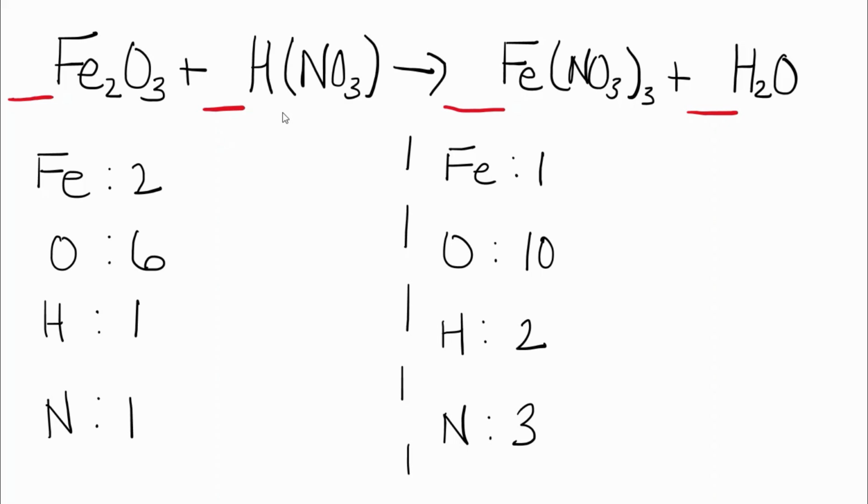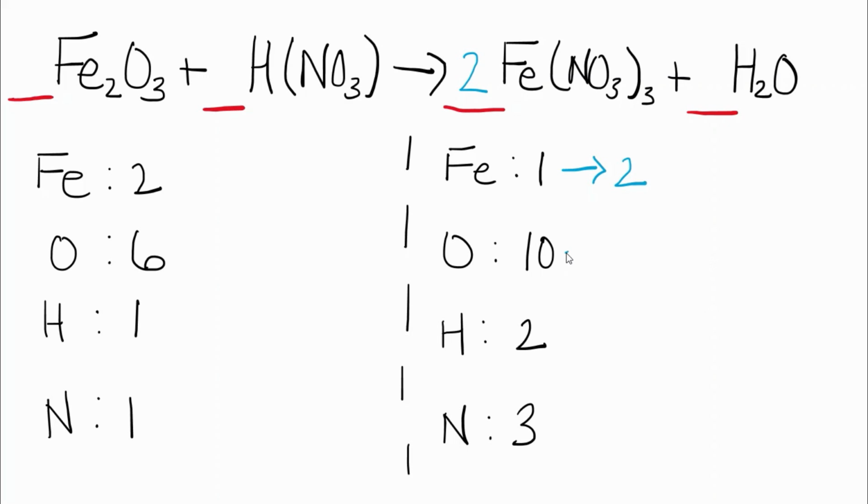So let's try balancing them again. So here we know we have 2 irons, and here we know we have 1 nitrogen, but here we have 3 nitrogens and 1 iron. So let's try balancing the number of iron atoms on this side by putting a 2 in front of iron nitrate, right? So let's do 2.